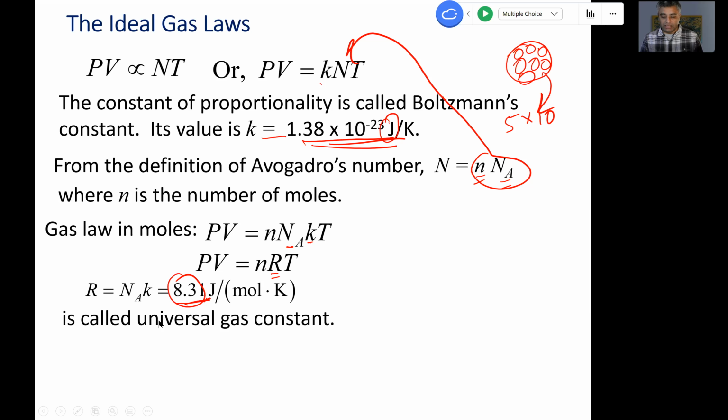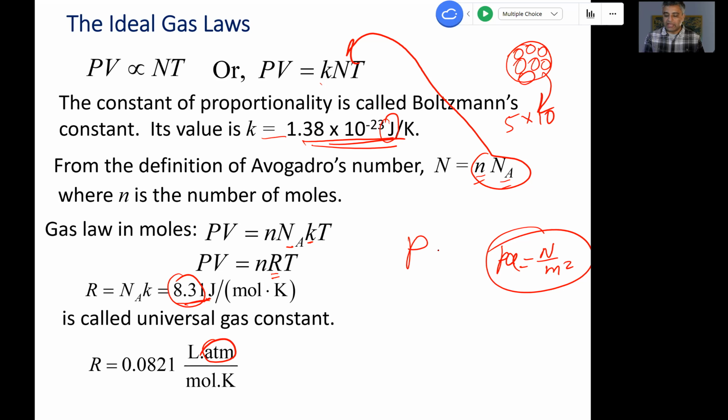For example, let's say you used pressure in atmospheres rather than Newton over a square meter or Pascal.